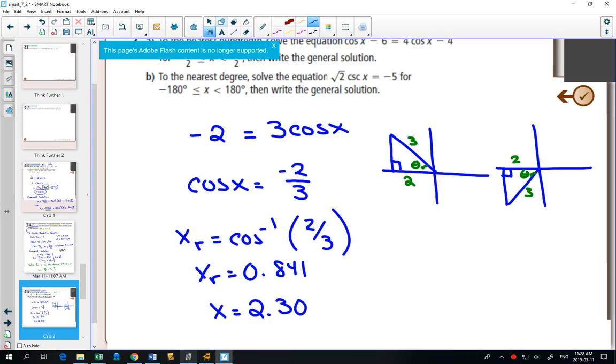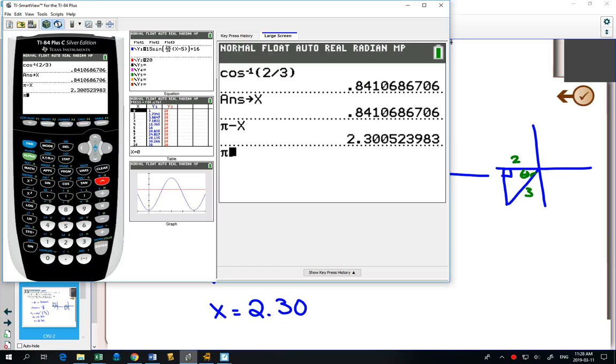Then in quadrant 3, I would have to go pi plus my reference angle. And since I've stored it as x, I can just go pi plus x. And in quadrant 3, I'll get 3.98.